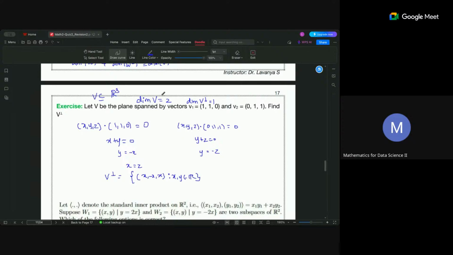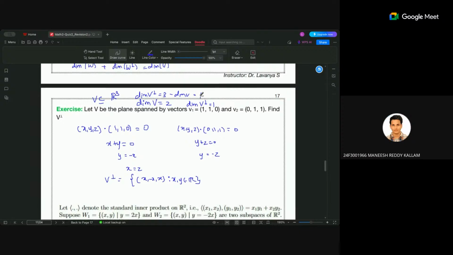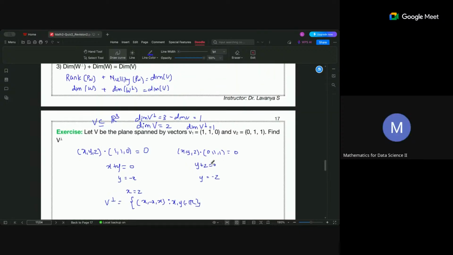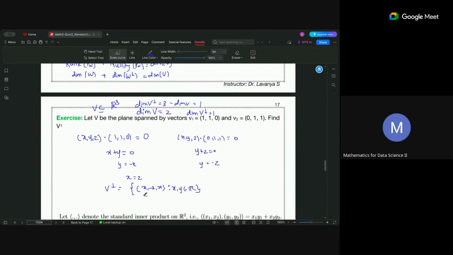So if V has dimension 2, then the dimension of V perp is 3 minus the dimension of V, so it should be 1. That is why I know that whatever I wrote earlier was wrong. So I checked again and saw that it is a one-dimensional space, and any vector is of this form.